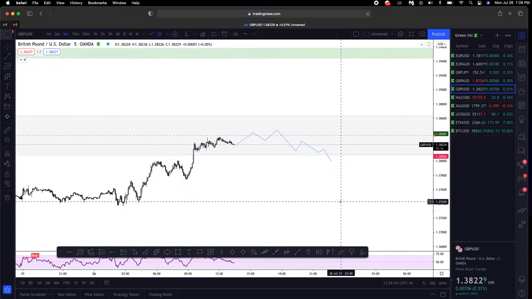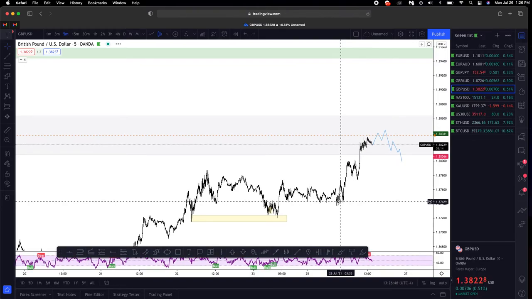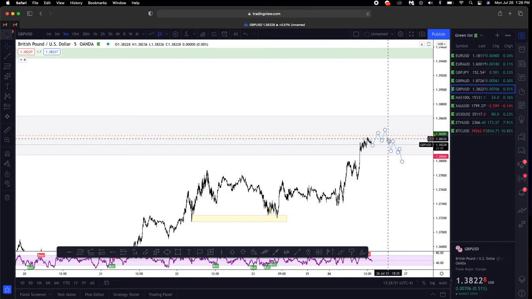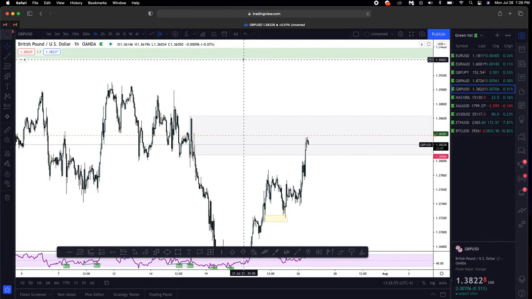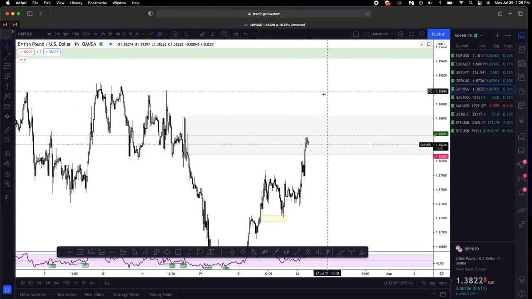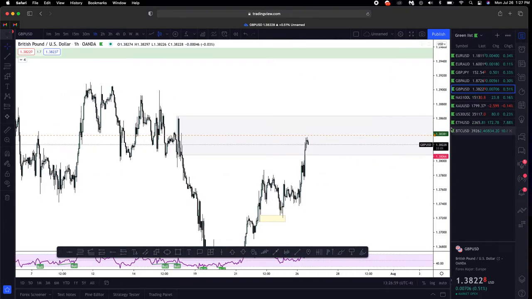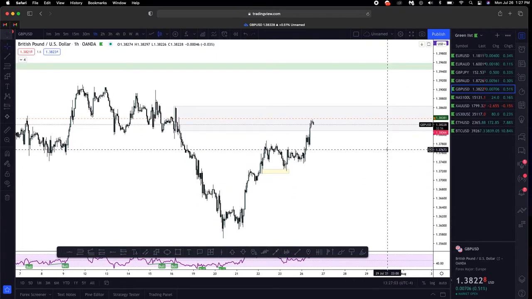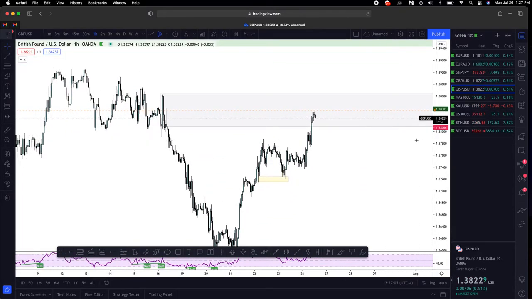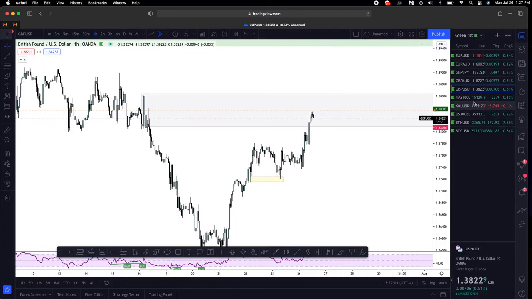Because we know that the higher time frame is with us, right? So for GBPUSD, that's what I'm looking for, right? I'm looking for shorts in this area, all right? Most likely London session, we may get something. On New York session coming up, right?